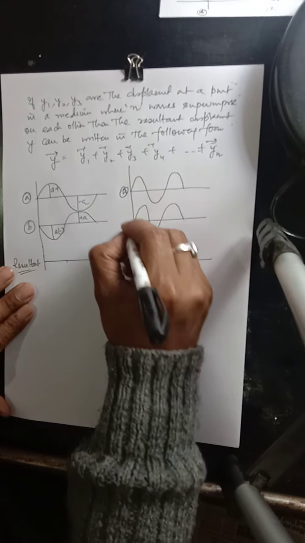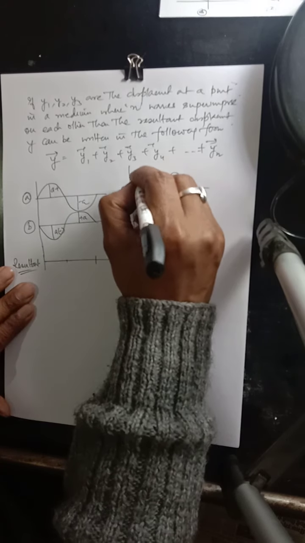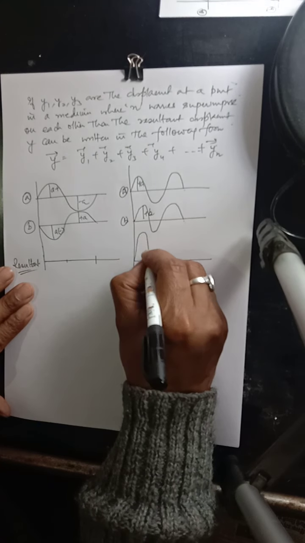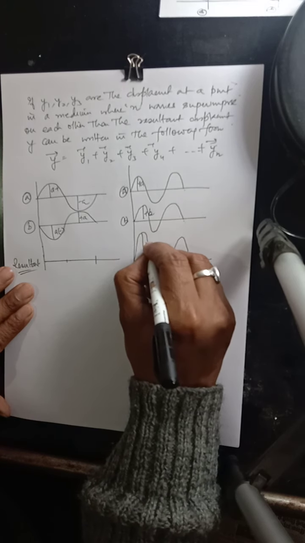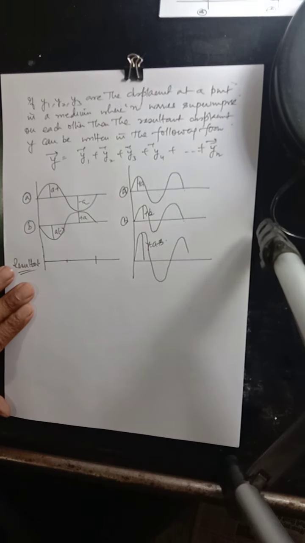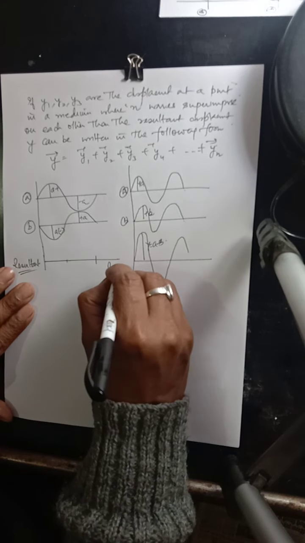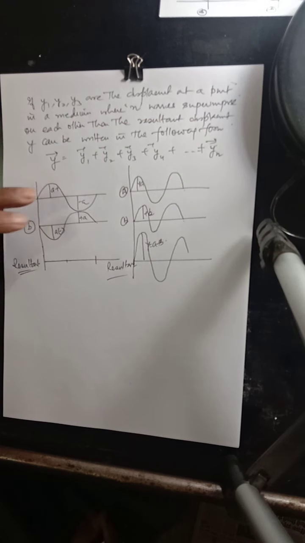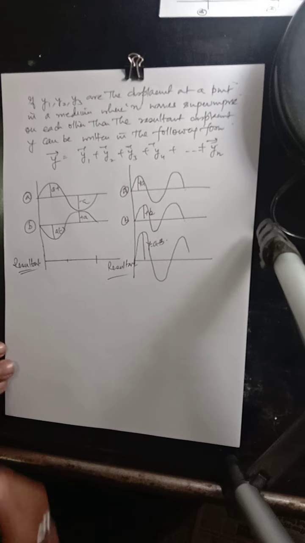It is A, it is B, it is plus A. So it is the resultant value. This is y equals A plus B. In the opposite direction, it will decrease. In the same direction, it will increase.